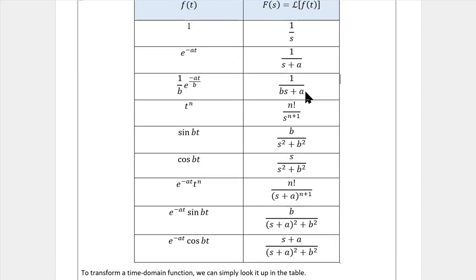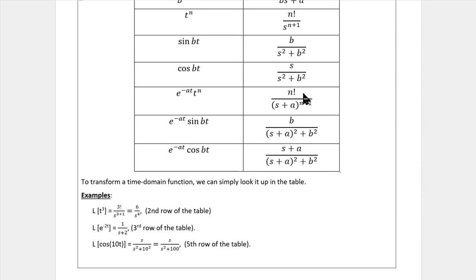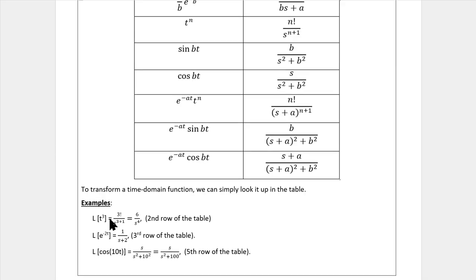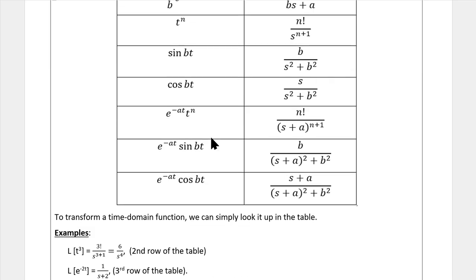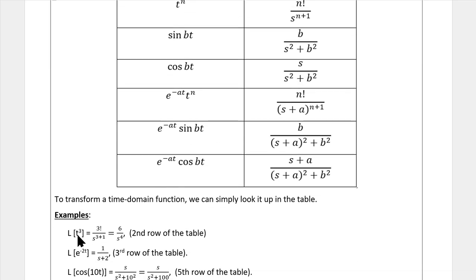I'll show you some examples here. Let's say I have a time domain function, f(t) is t cubed, and I want to find the Laplace transform. To find the Laplace transform, I just go to the table and look for this form.